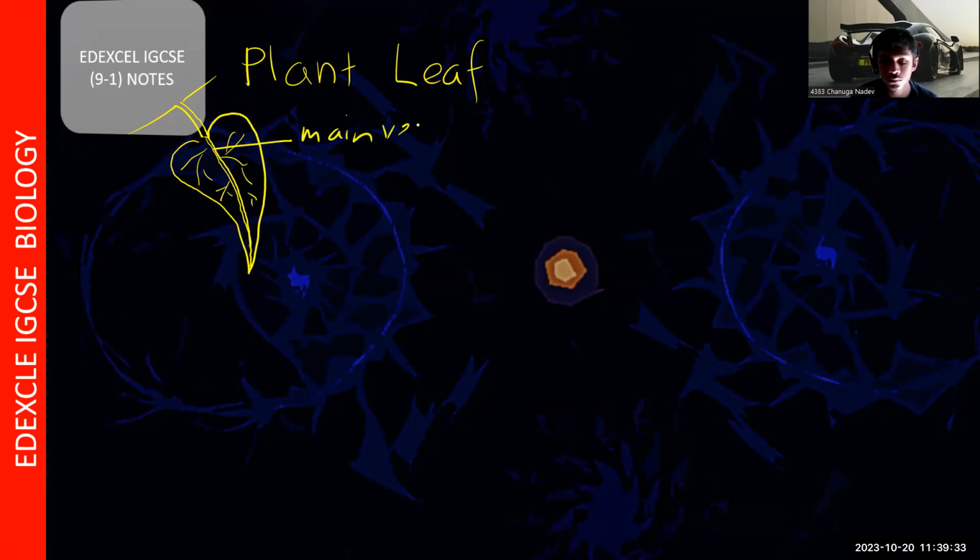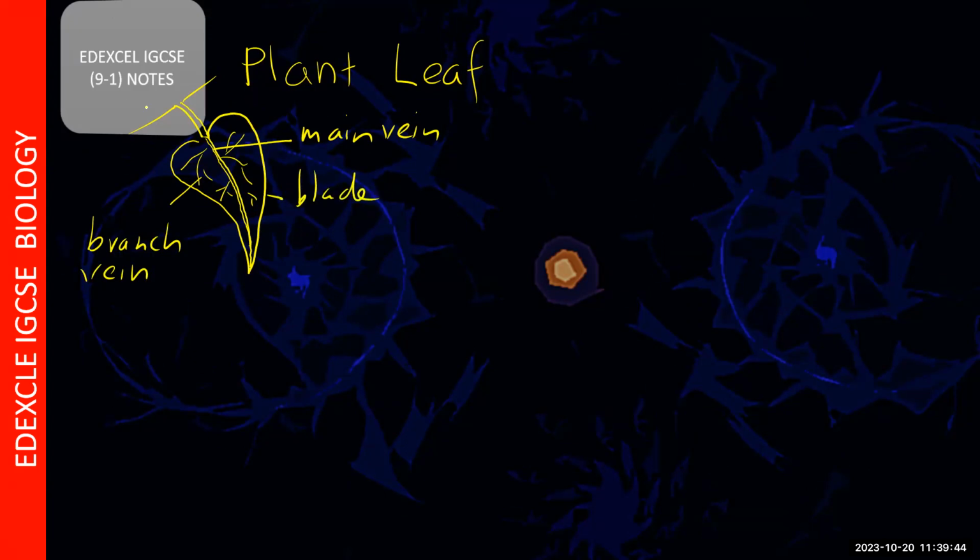This one is a branch vein, and this is called a blade. The edge is called blade, and this attaching part of the leaf is called a stalk. Okay, that's a general appearance of a leaf.